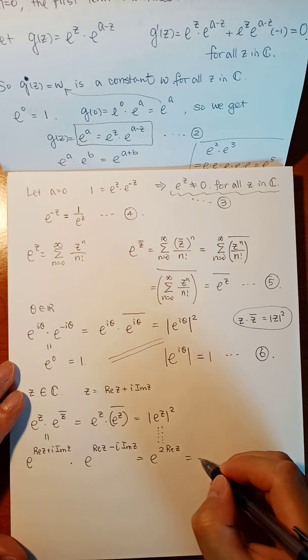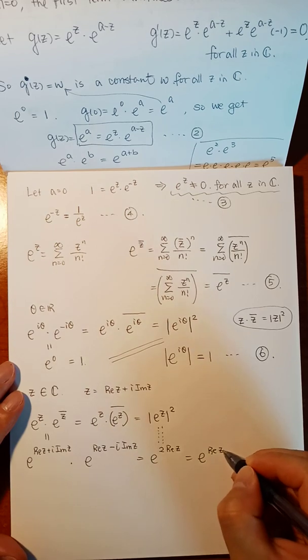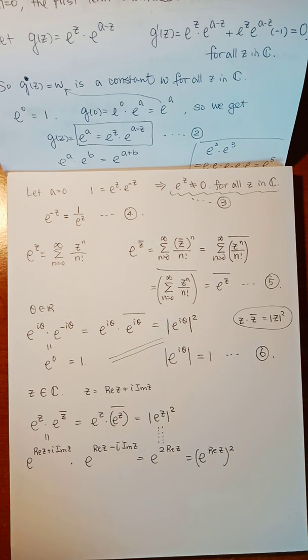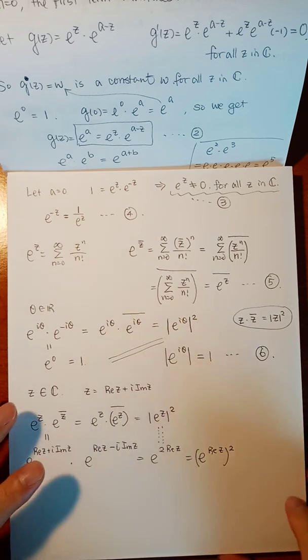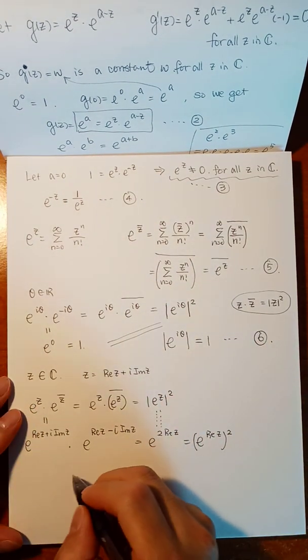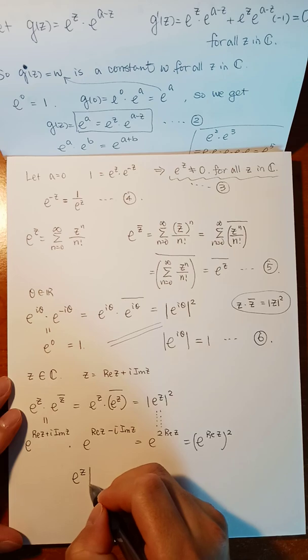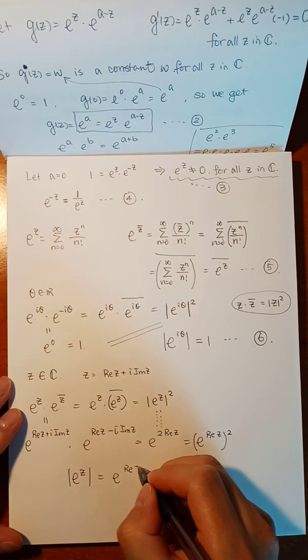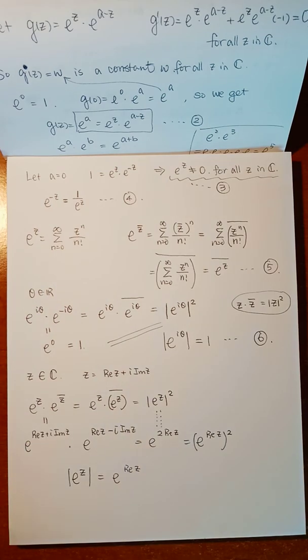Twice the real part of z, and on the other side the modulus squared. So we get that the modulus of e to z is e to the real part of z. All right?